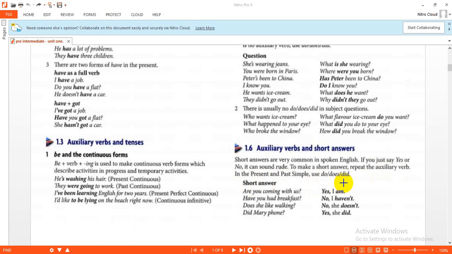الأفعال المساعدة والإجابات القصيرة. الإجابات القصيرة شائعة جدا في اللغة الإنجليزية المنطوقة spoken English.